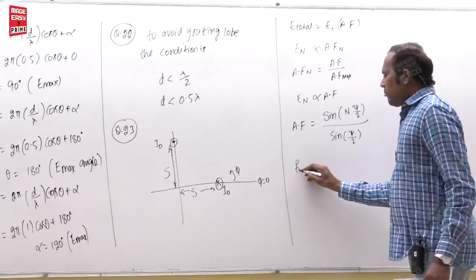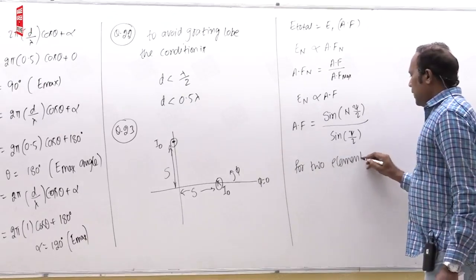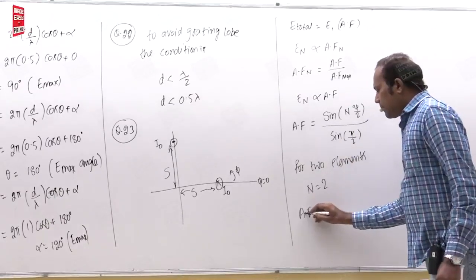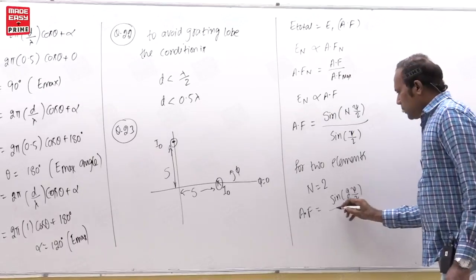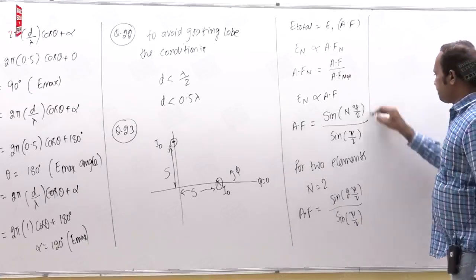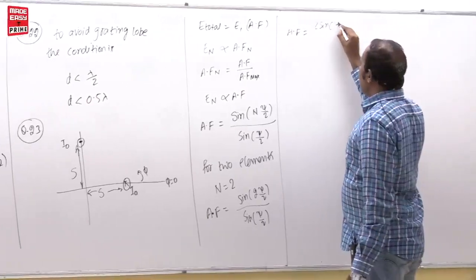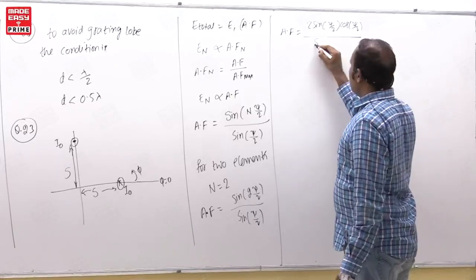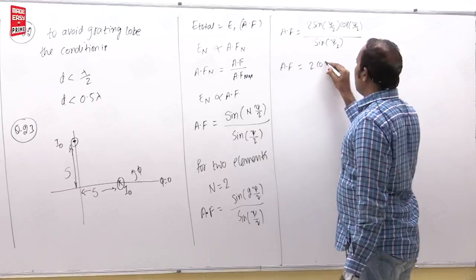For two elements, n is equal to 2, so array factor becomes sin(2 psi by 2) divided by sin(psi by 2). That is nothing but 2 sin(psi by 2) cos(psi by 2) divided by sin(psi by 2). After cancellation, array factor is equal to 2 cos(psi by 2).